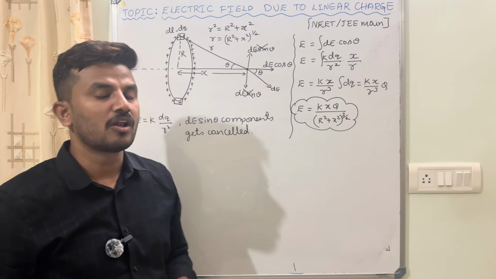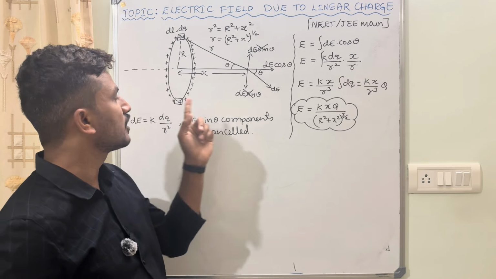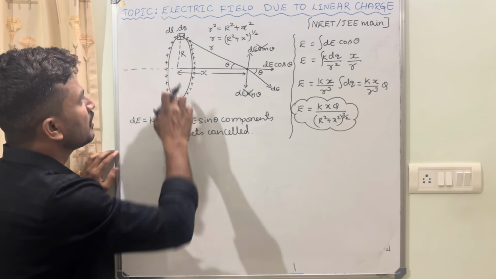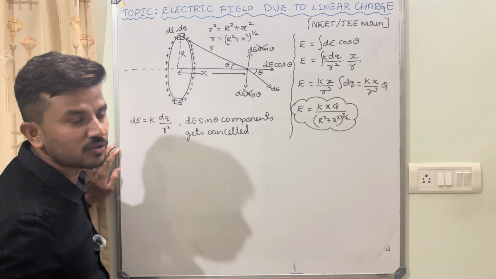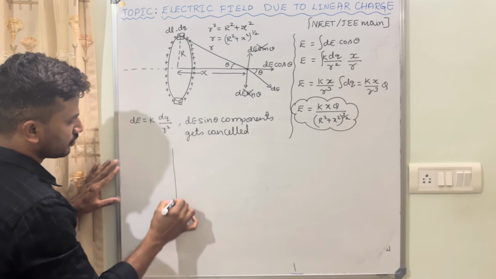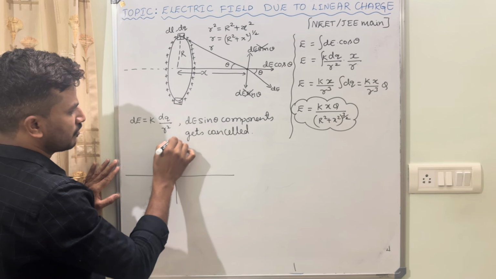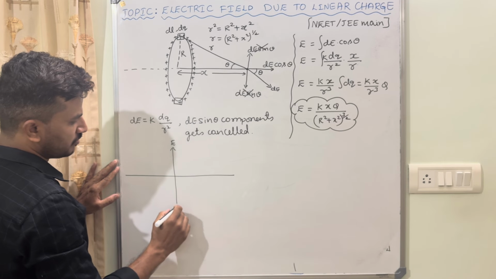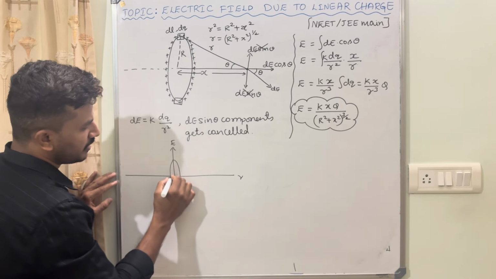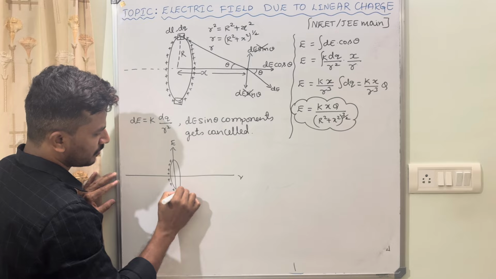Electric field along the axis of the circular charged wire. Sir, now we have stated that the electric field at the center is 0. So how does it vary on either side? If we draw a graph of electric field with respect to distance, from the center, at the center the electric field is 0.